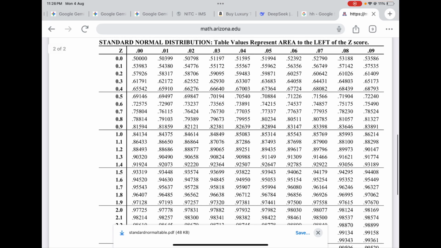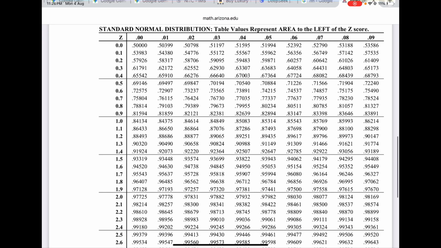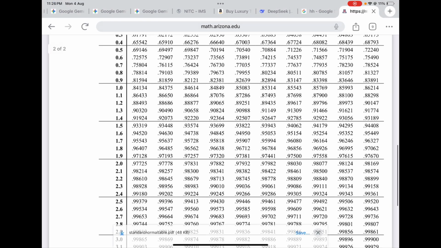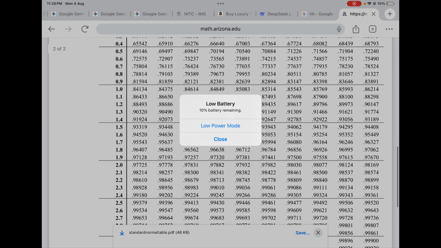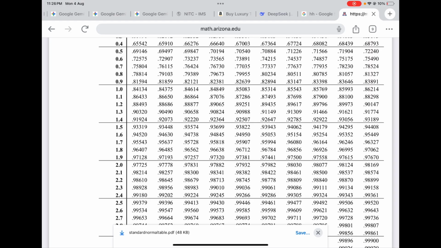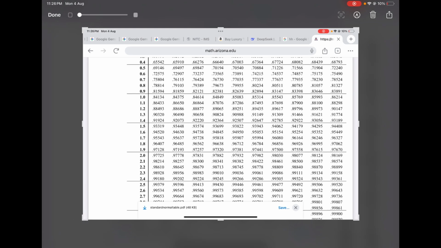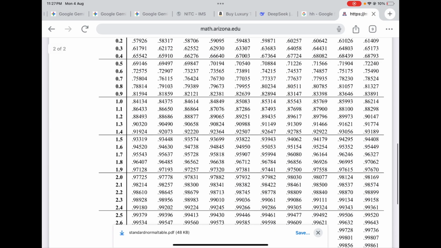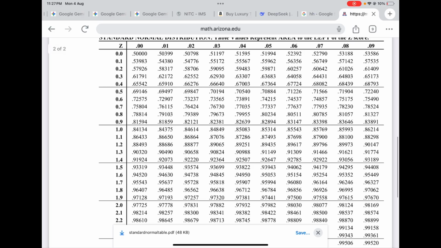So 0.95, let us search here in the Z table. Let us look at the probabilities here. You can see it is close: 0.9495 and 0.95, so it will be 1.645.